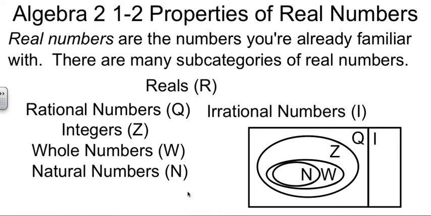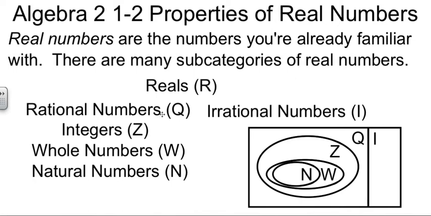That's just 1, 2, 3, 4, 5. So natural numbers are the ones you learned how to count with, 1, 2, 3, 4, 5, etc. Whole numbers, you put 0 into the group. Integers, you add in the negative versions of the whole numbers, -5, -4, etc.